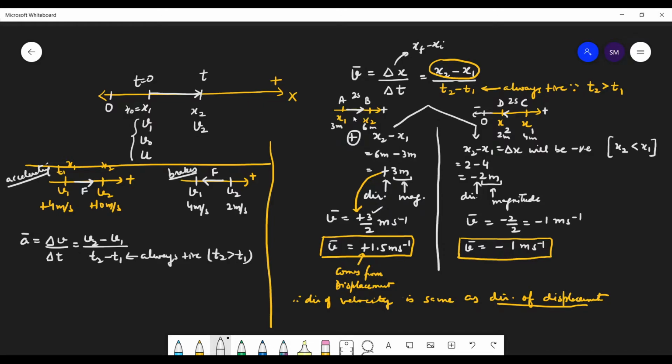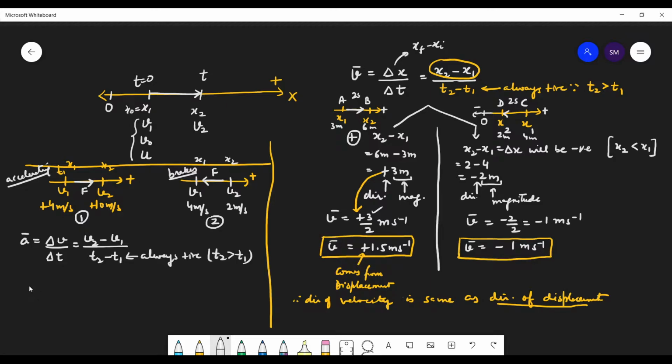So in the positive direction, x2 was increasing. But here in this direction, there can be two things. You are moving forward, meaning you are moving in the positive direction in both cases. But in one case velocity is increasing, and in another case velocity is decreasing. So this is the first case and this is the second case.